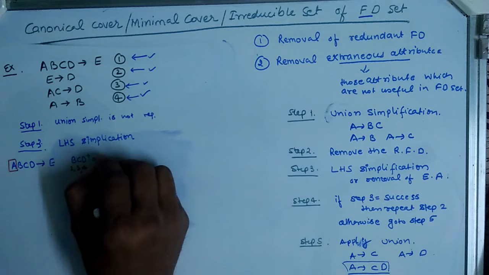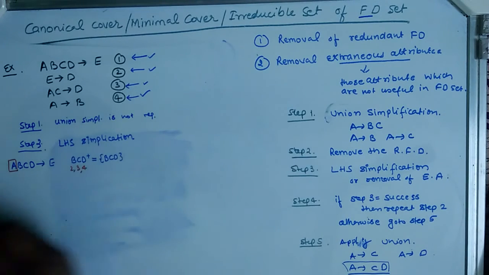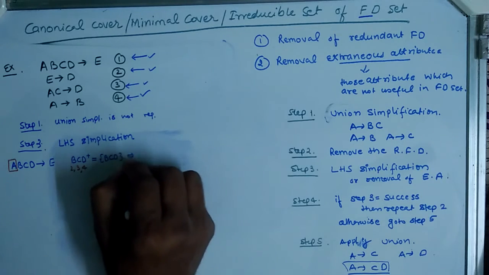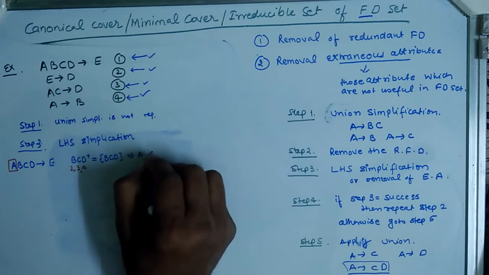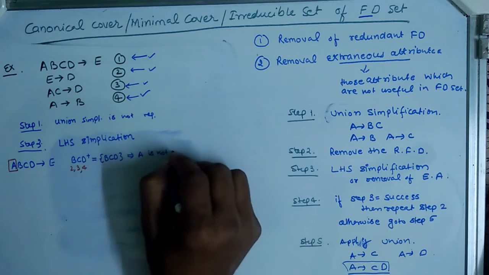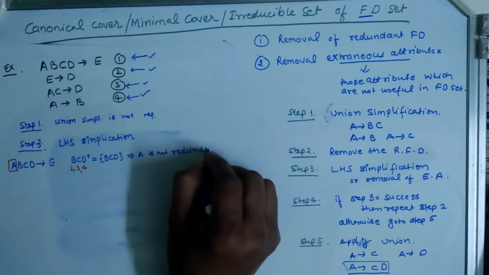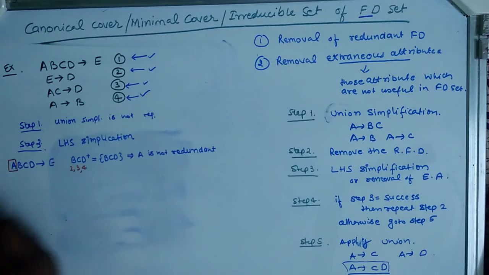So in the BCD closure we found only BCD, nothing else, so we can conclude that A is not redundant. A is not redundant.